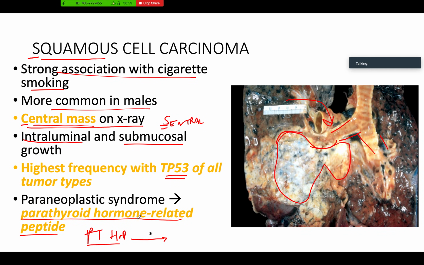So PTH is created by the parathyroid glands, right? Obviously. But parathyroid hormone is going for calcium.